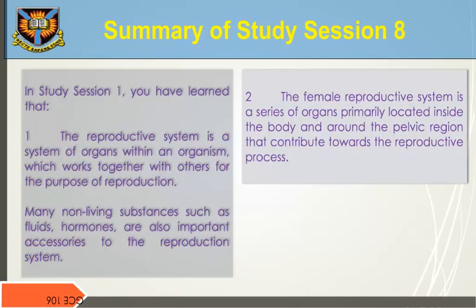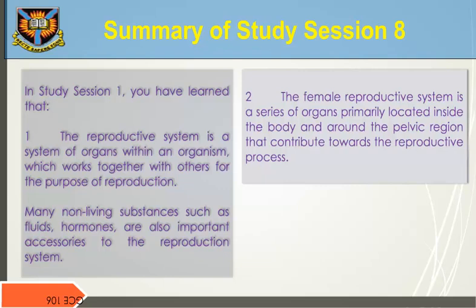Summary of study session. In this study session, you have learned that 1. The reproductive system is a system of organs within an organism which works together with others for the purpose of reproduction. Many non-living substances such as fluids and hormones are also important accessories to the reproductive system. 2.